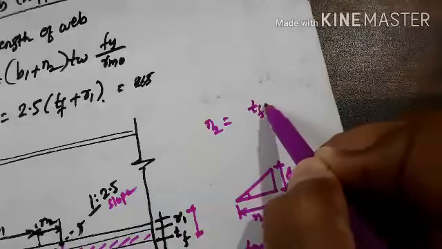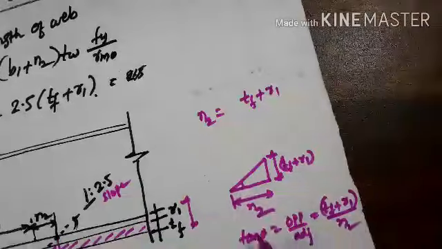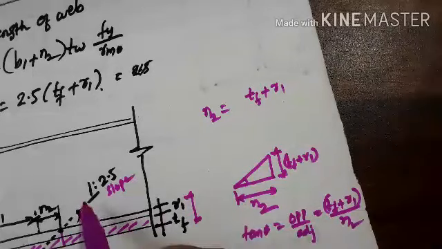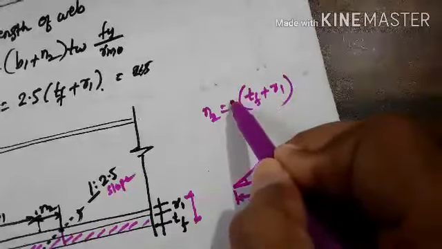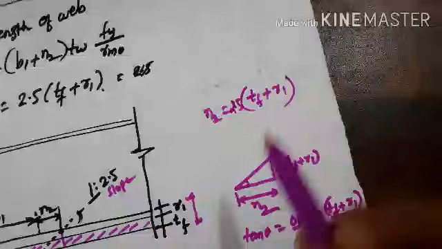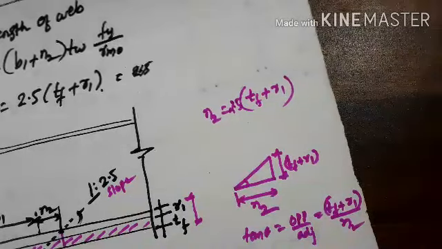So I'll get N2 as thickness of flange plus R1 divided by tan theta.